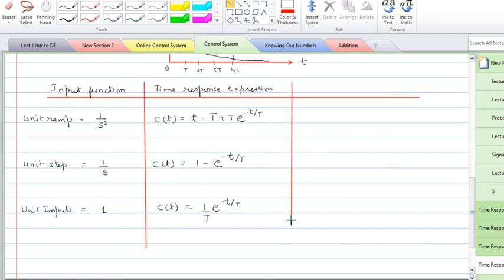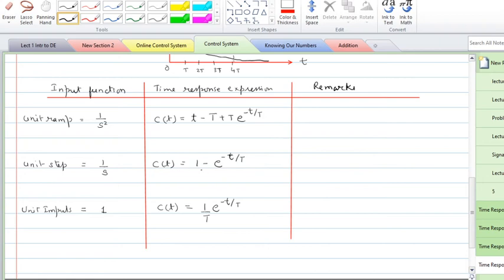If you look at the relation, then we find that if we differentiate the response received from unit ramp input, then we will get the response of unit step input.